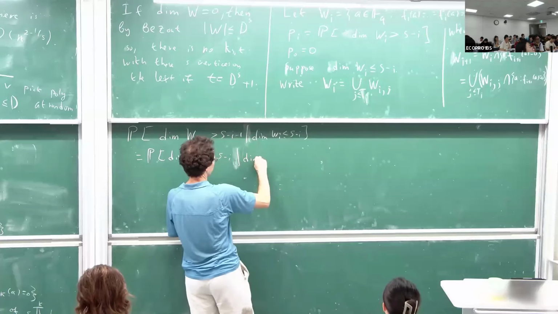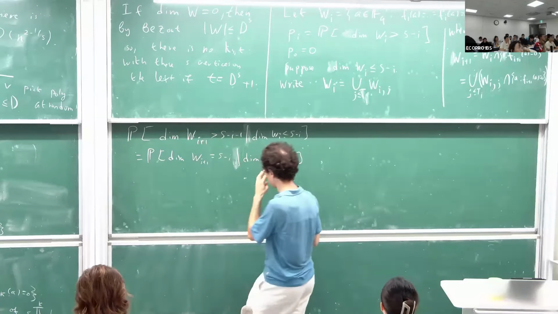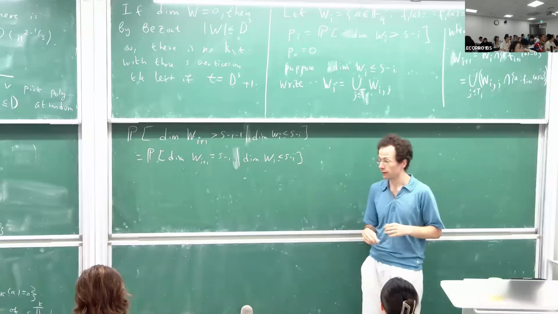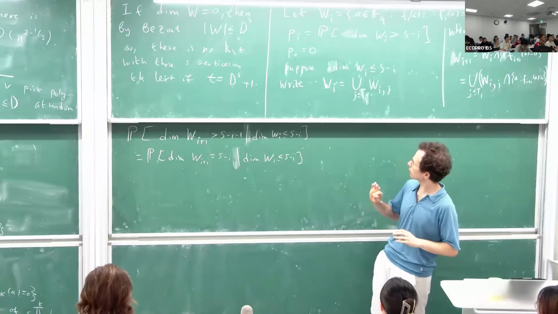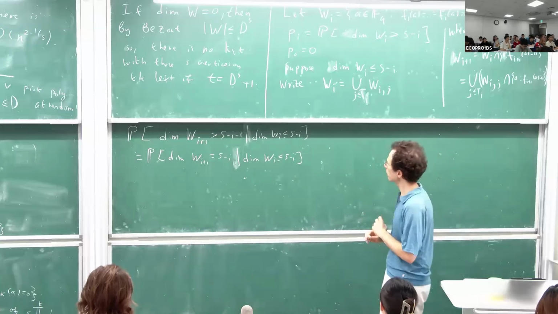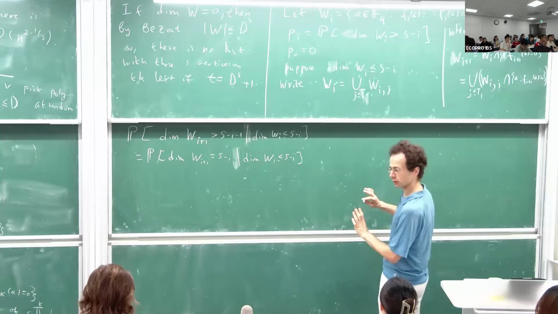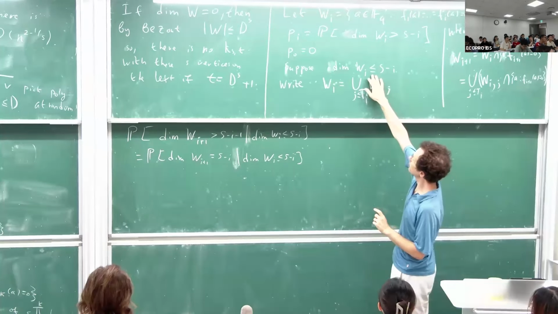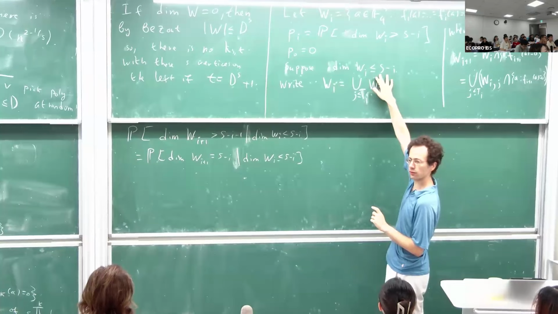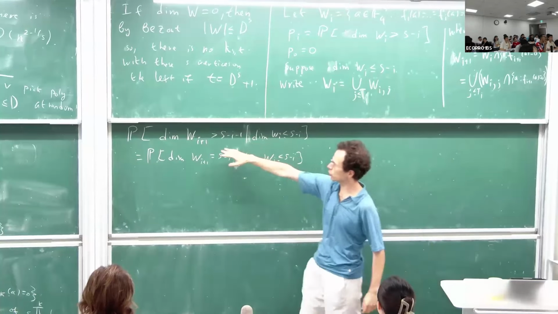Well, what if the dimension of Wi is smaller than this? I think it is possible because we have a degenerate case. First of all, what I'm writing is still true in the sense that I'm assuming the dimension is at most this much, and I'm asking what's the probability that this dimension is too large.